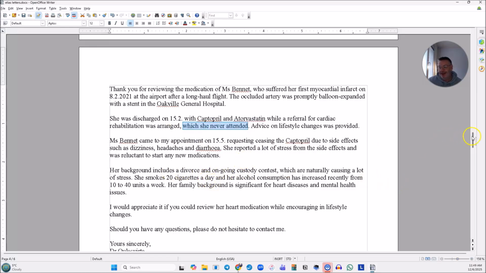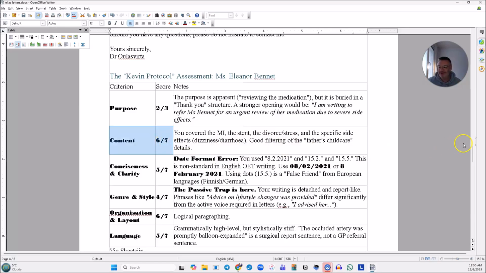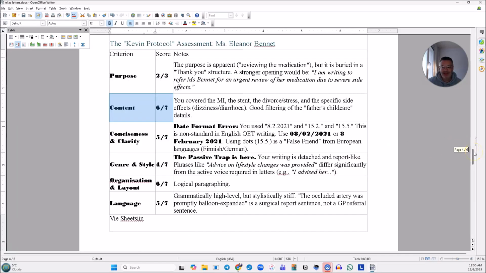So Gemini. Let's see what Gemini says. Purpose. Yeah. As it says, purpose could be clearer. The content. I wouldn't agree there with a 6. Now, nothing wrong with passive. Nothing wrong with it.